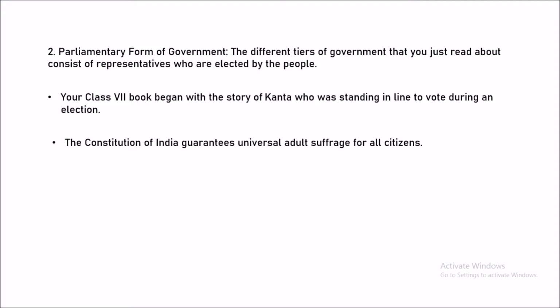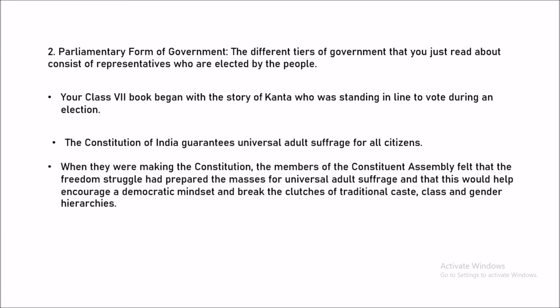When they were making the Constitution, the members of the Constituent Assembly felt that the freedom struggle had prepared the masses for universal adult suffrage, which means every individual, irrespective of the caste, color, creed, region, religion, will get the right to vote after a certain age, which earlier was 21, later it was reduced to 18 years. That is called universal adult suffrage.